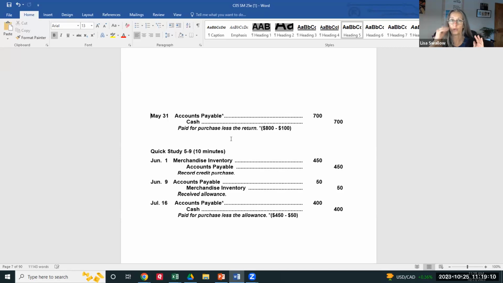I'm going to move the amount that the inventory cost me off of my balance sheet and onto my income statement. In other words, I don't have it. That inventory is no longer in my warehouse. I just sold it. So I've got to credit inventory to decrease my asset, and I've got to move it into cost of goods sold, which is an expense.